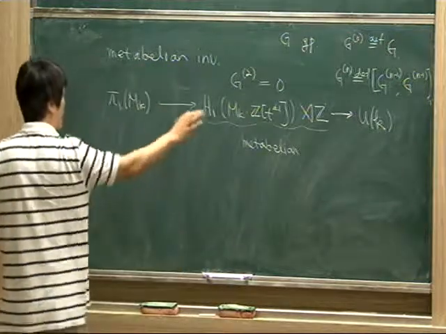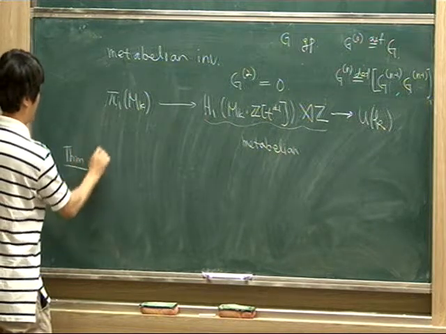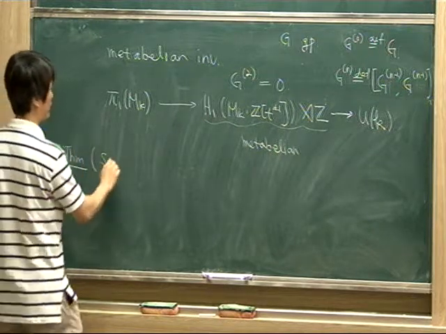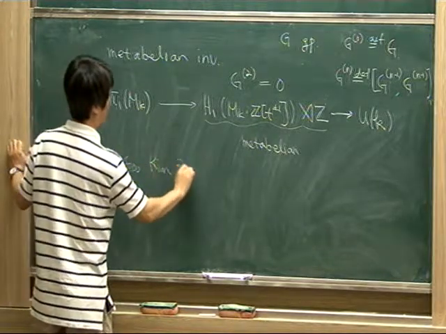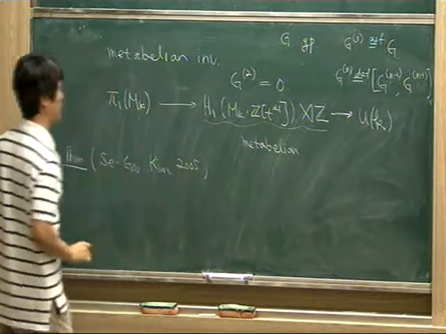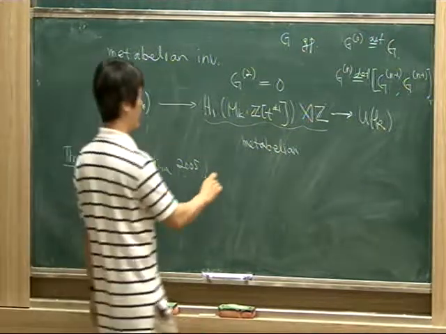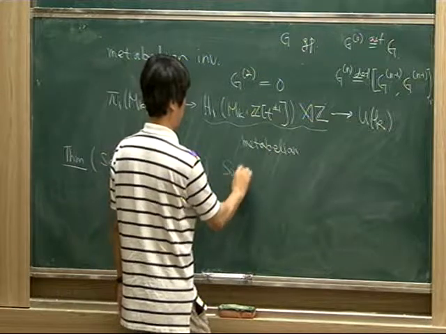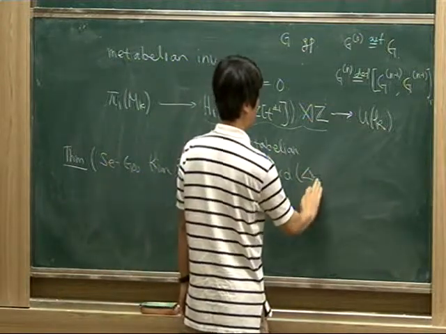And for these Casson-Gordon invariants, Se-Goo Kim, my collaborator, in 2005, obtained the following theorem. So again, we are assuming two knots have coprime Alexander polynomials.